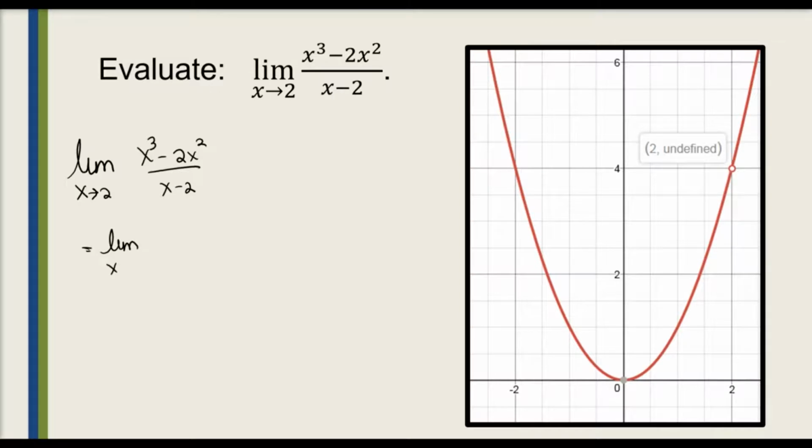And if we factor that x squared out of the numerator, we get the limit as x approaches 2 of x squared times x minus 2 over x minus 2. We cancel our common factor, and we're left with the limit as x approaches 2 of x squared, which we can evaluate by direct substitution to just get 4.